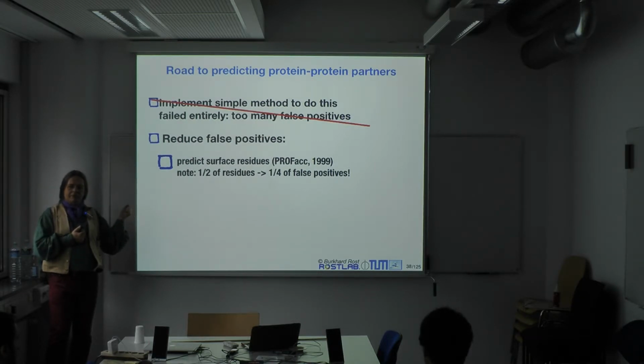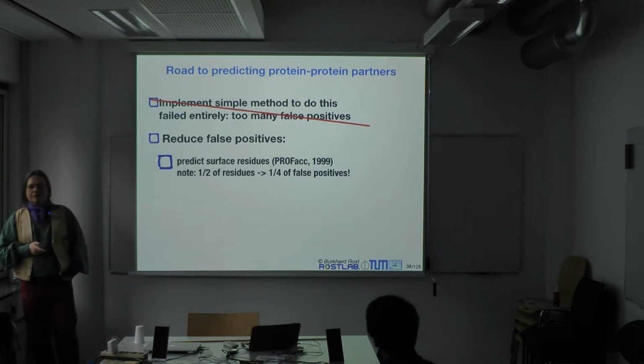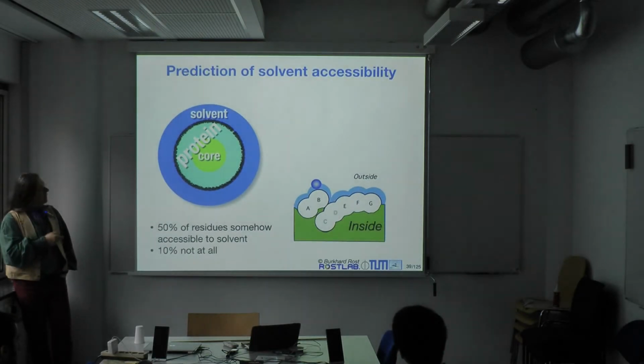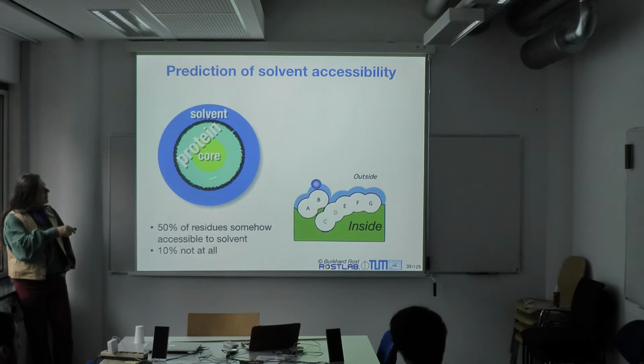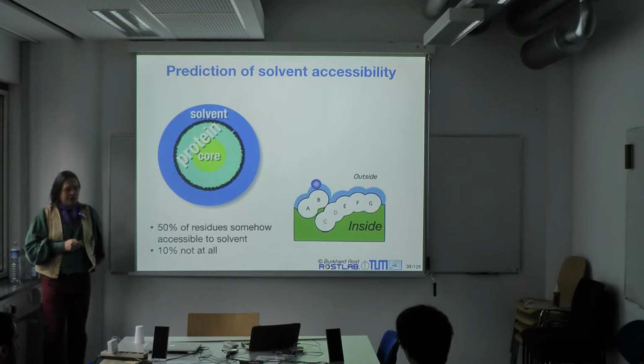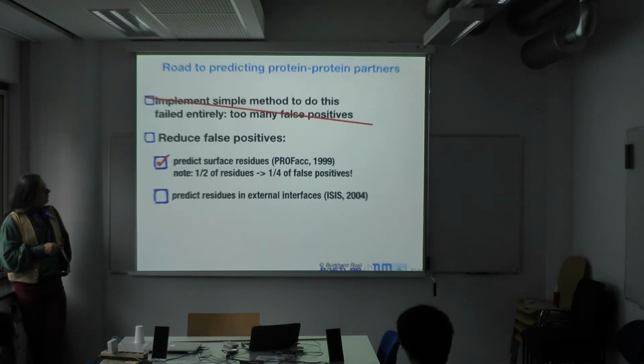Right? If half of the data is on the surface, then you kick out 75% of all your false positives. And in order to do that, initially we had a method that was good at predicting the center of a protein, the core, and now we needed a method that is good to predict the surface. We developed that, and by that we had our first filter.